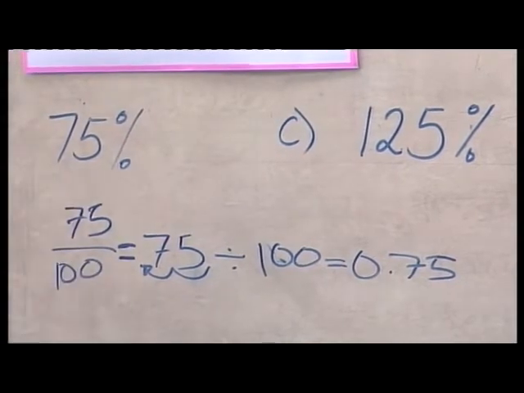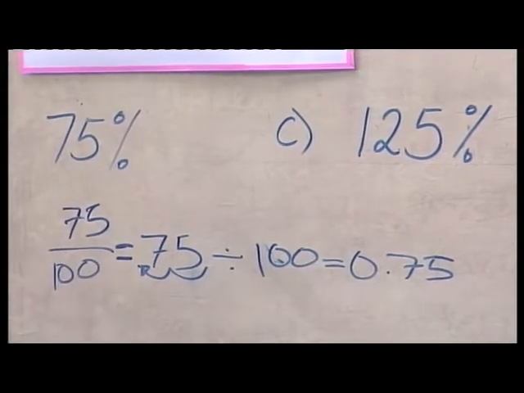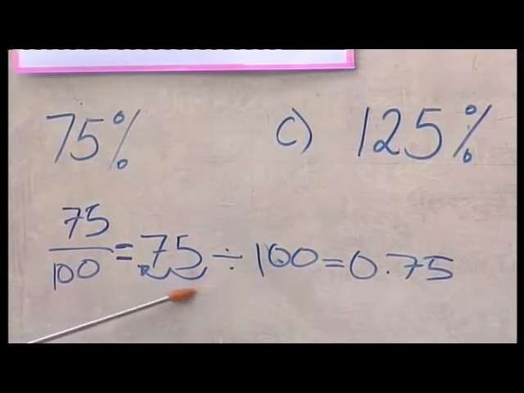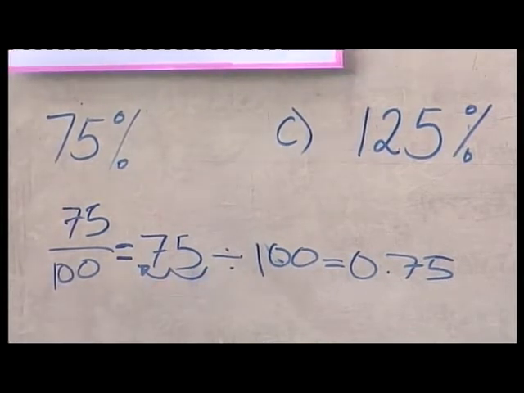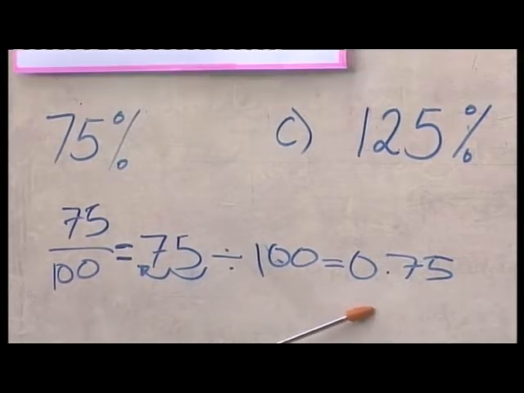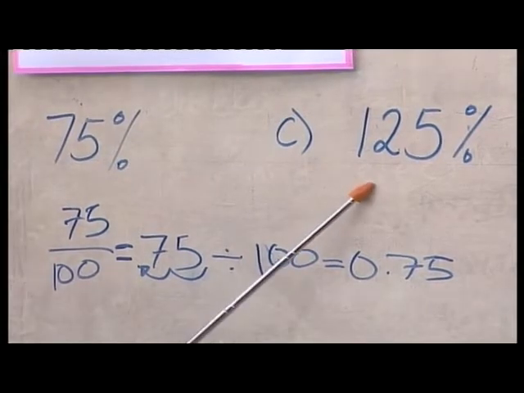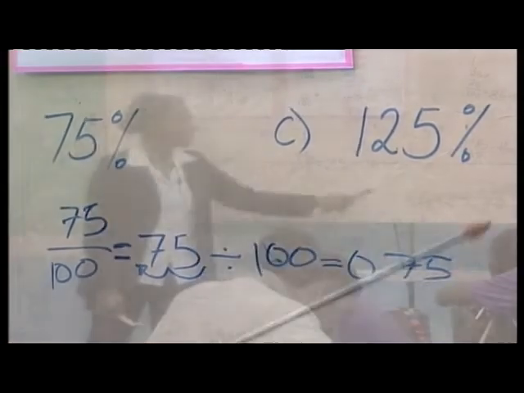Okay, you have your equal sign straight in line with the fraction bar. 75 divided by 100. You will see they have moved the decimal point 2 places to the left. And the final answer is 0.75. Very good.